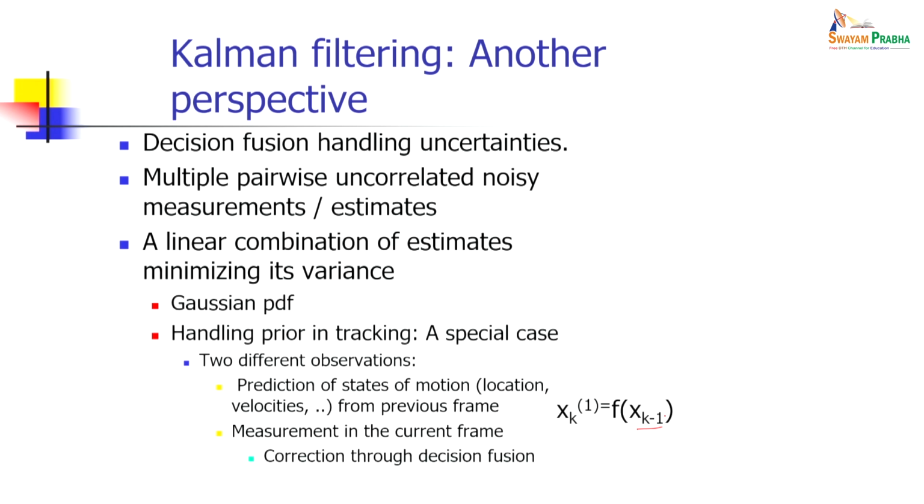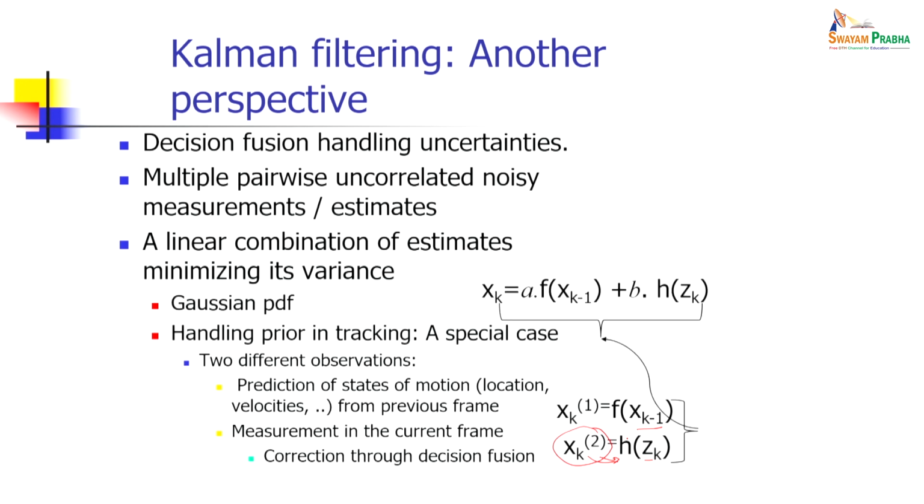So, correction through decision fusion means that if we consider a measurement, say z_k, from there we may try to estimate x_k. So, these are two relationships, and what we want to do is estimate x_k from these two pieces of information.